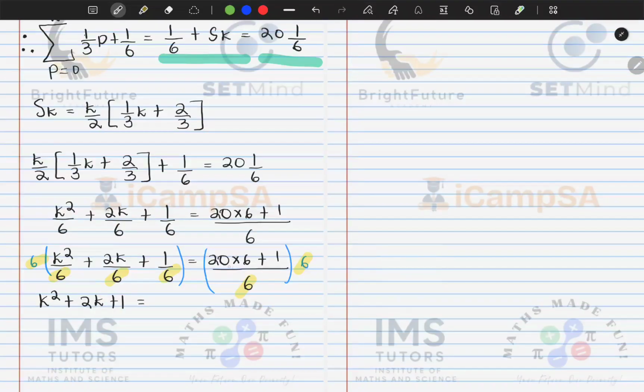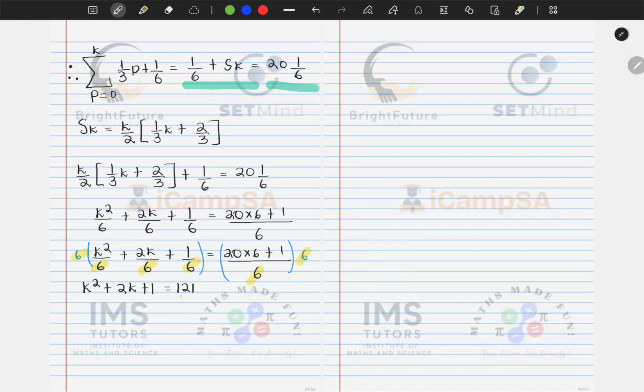And then on the other side, 20 times 6 will give us 120, and then plus 1, that will be 121. Now we're in a position to just quickly transpose all of this and bring it to the other side, such that what we now have is k squared plus 2k minus 120, and this will be equal to 0.